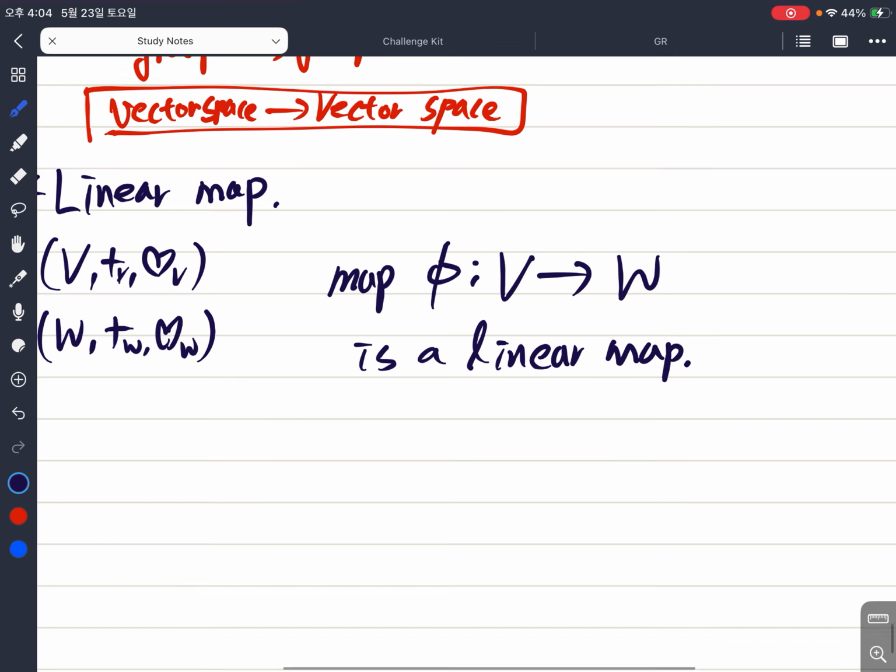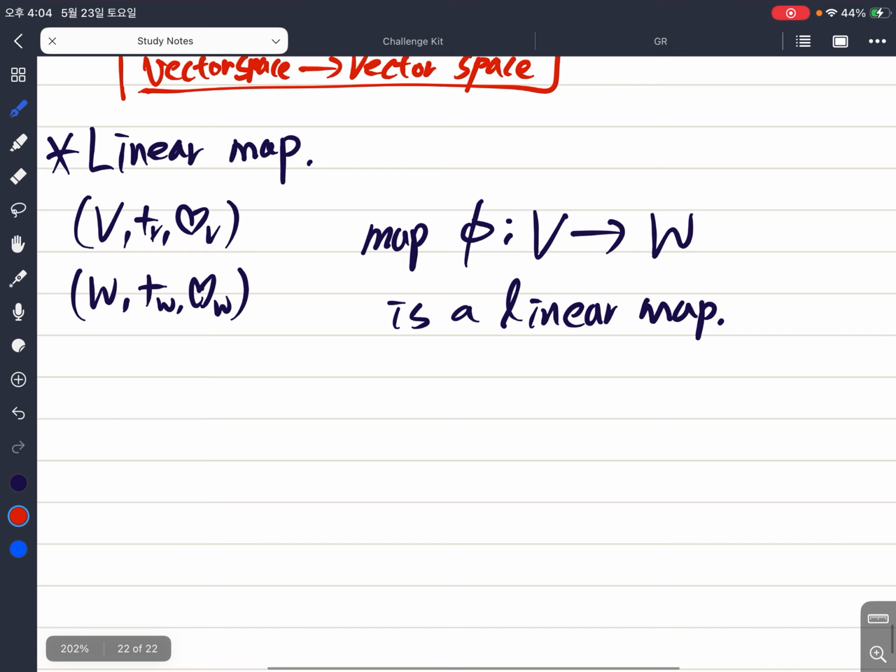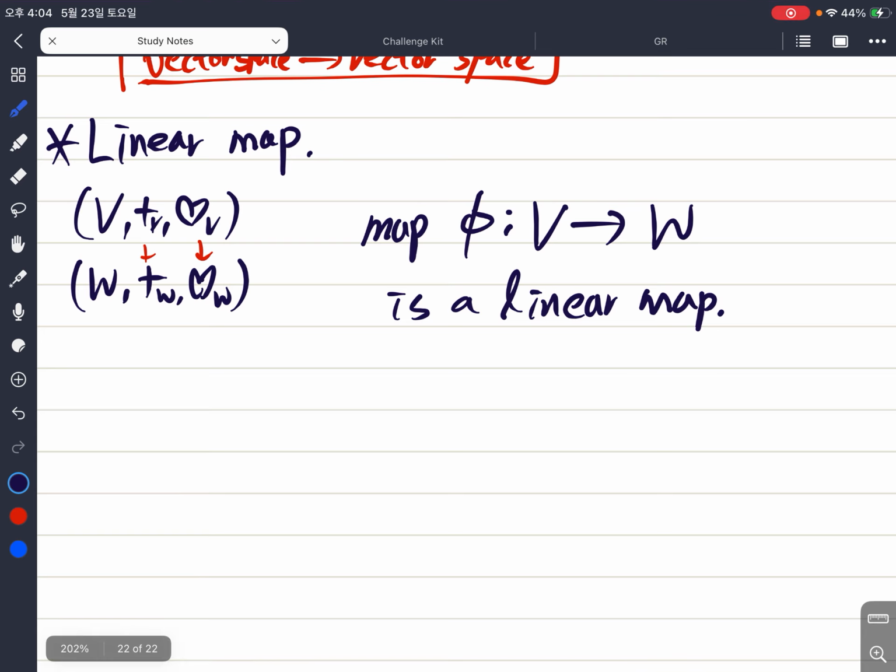What we want is relating how we relate this plus addition and scalar multiplication. Because addition and scalar multiplication are the most important basic operations in the vector space, we want to keep the result.